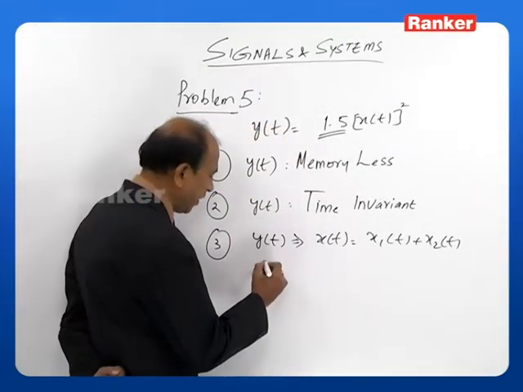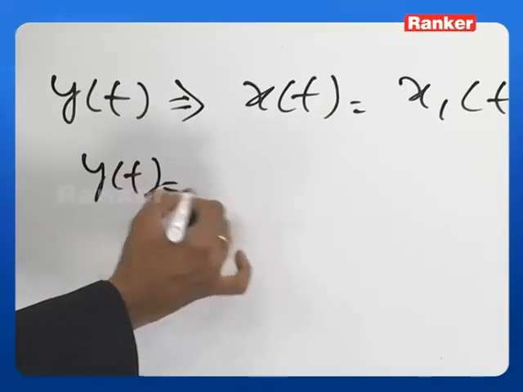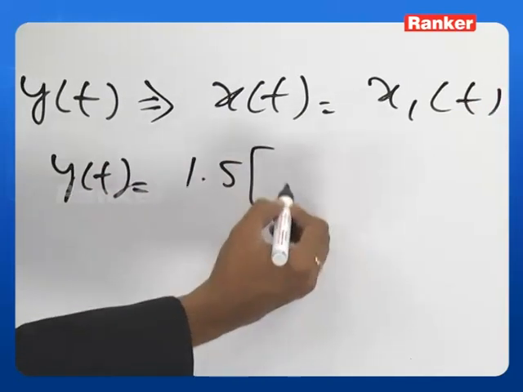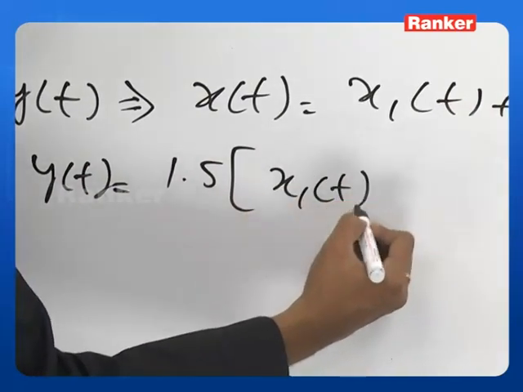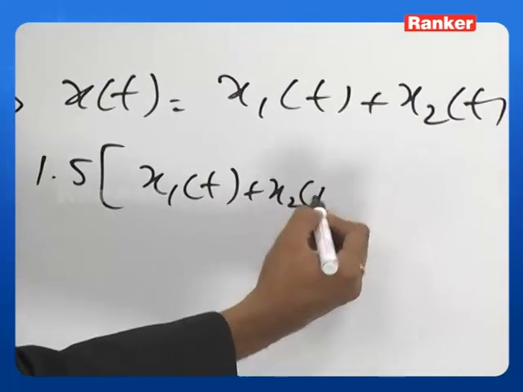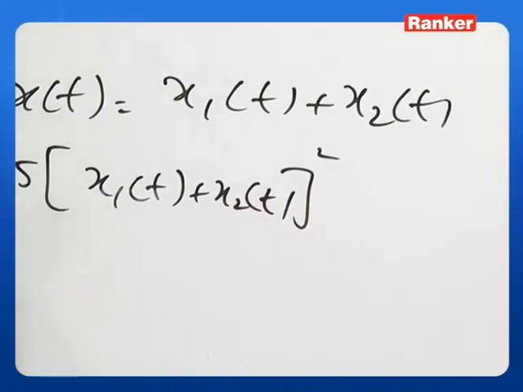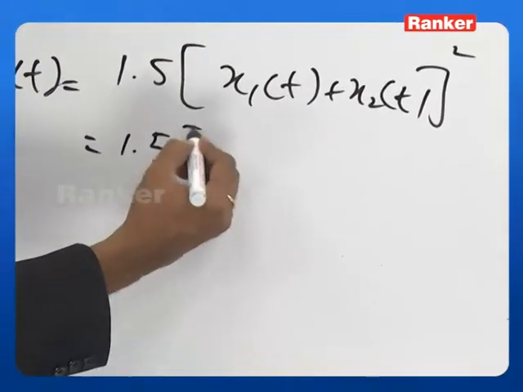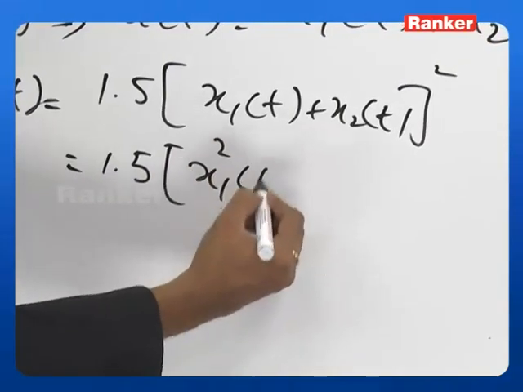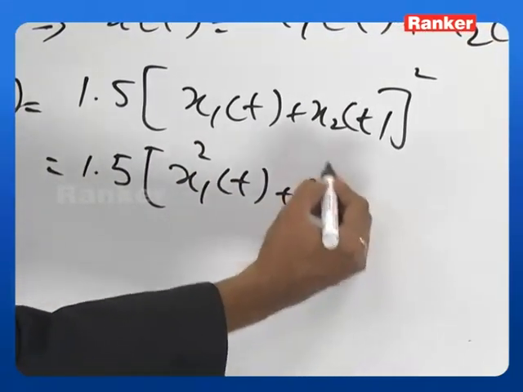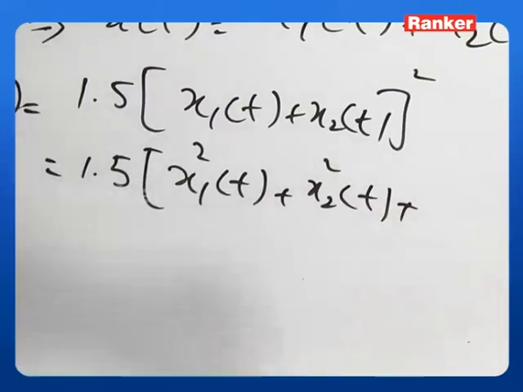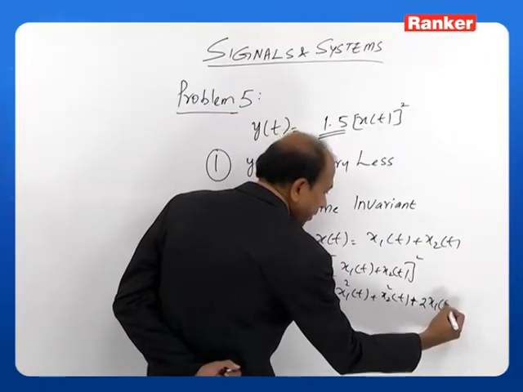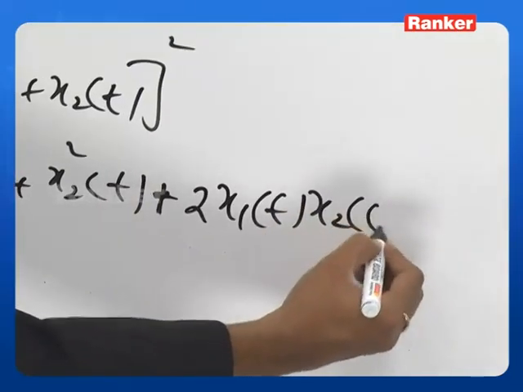So, what will y of t be now? Y of t will be equal to 1.5 into x1 of t plus x2 of t whole square. So, this will be equal to 1.5 into x1 square of t plus x2 square of t plus 2 x1 of t x2 of t.